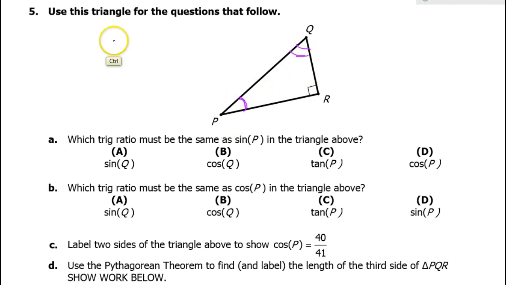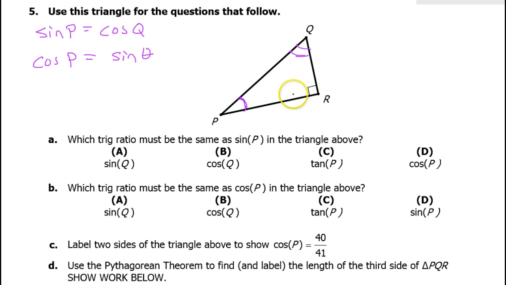And the way this works is that the sine of one angle is always going to equal the cosine of the other angle. So the sine of angle P will equal the cosine of angle Q, and vice versa. The cosine of angle P is going to equal the sine of angle Q.